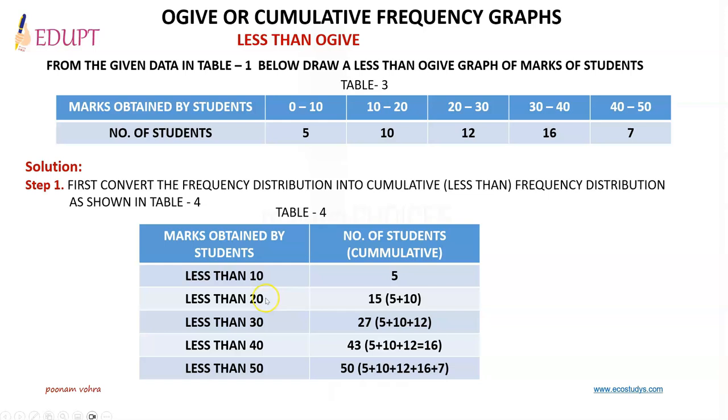Marks obtained less than 20 by the students are 15 in number, that is, you add 5 plus 10. Similarly, in each case, you keep adding the next frequency in order to find out the number of students in cumulative value. So we get less than 30 as 27, less than 40 as 43, less than 50 as 50.